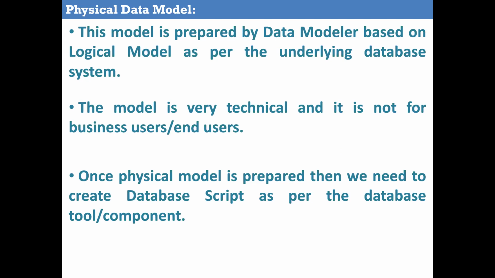Oracle has its own data types and constraint definitions, so your data model should be converted as per the Oracle script. Or if you are using Microsoft SQL Server, then a SQL Server script. Whatever script you generate for Oracle will not work on SQL Server. But the physical model is common. The physical model is not at the product level.